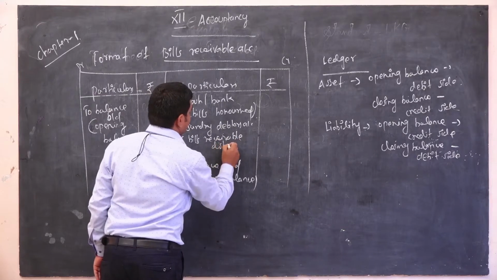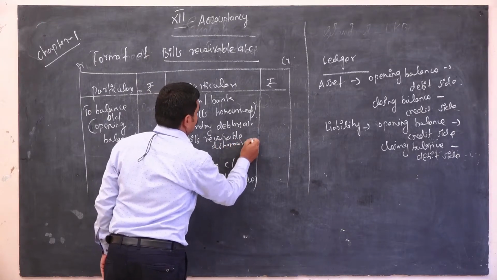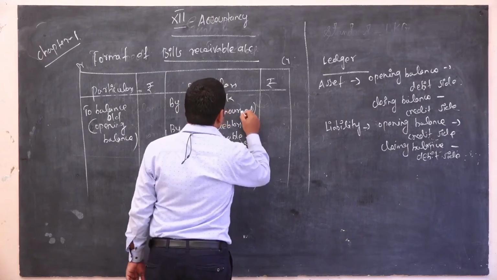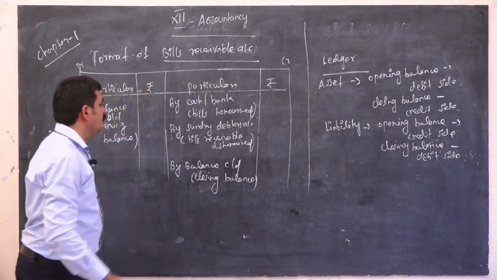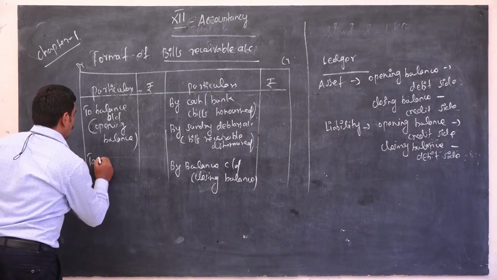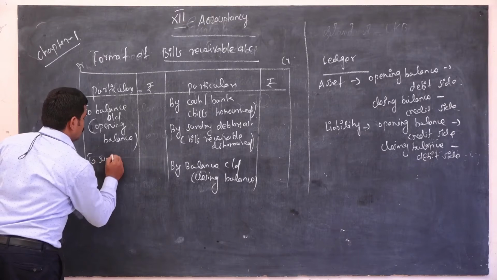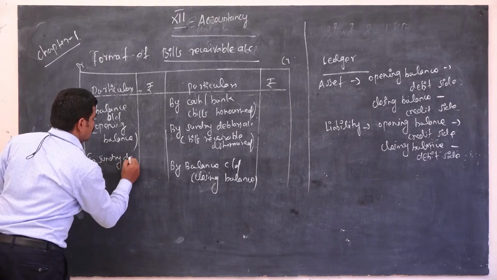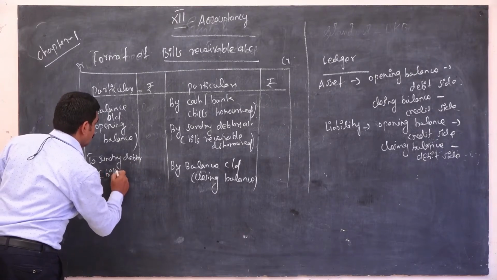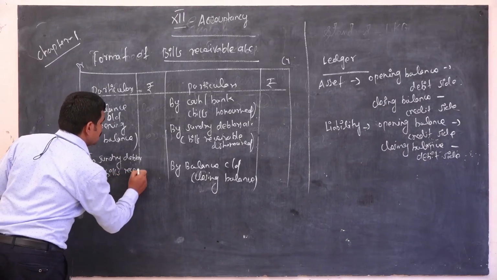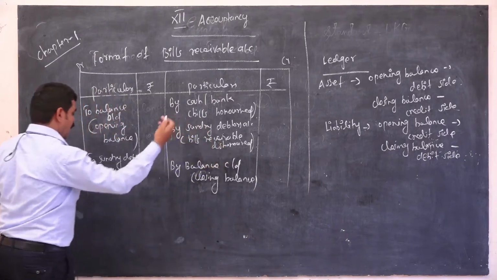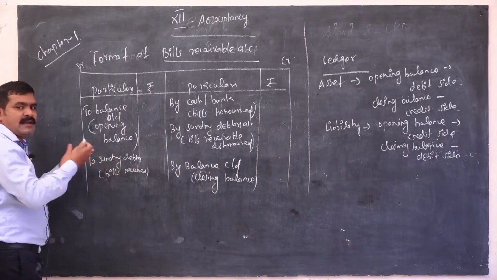Bills receivable dishonor means not accepted. Here to sundry debtor, bills received. Here bills receivable dishonor, not accepted; here bills received, accepted.